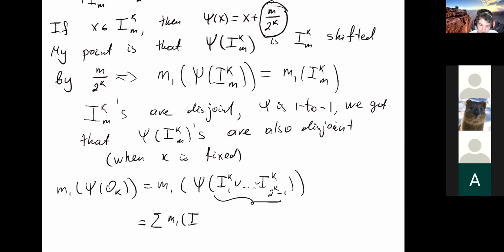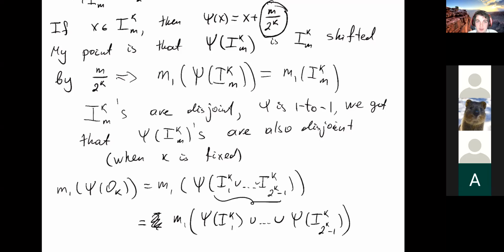Yeah, so I need to write it a little bit more carefully. So it's M1 of the union, like this. And now these fellows are disjoint, so the measure of the union is the sum of the measures.